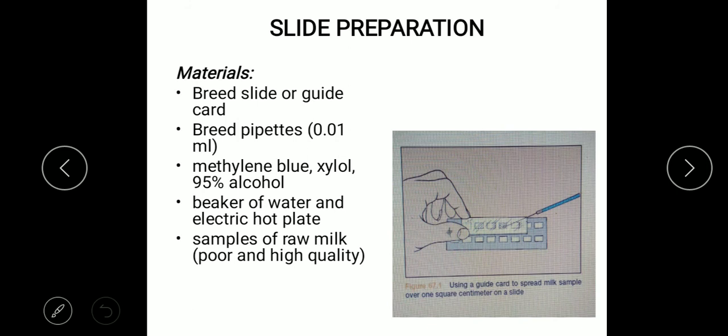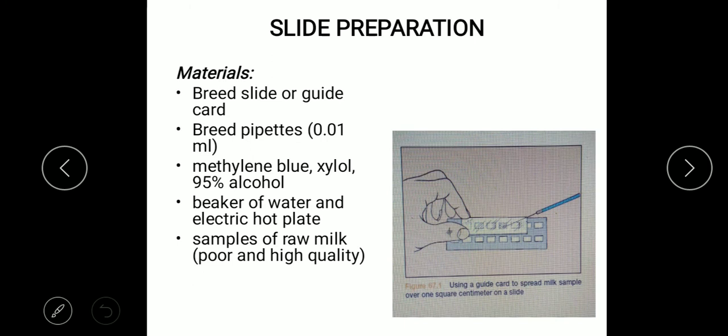The pipette may be filled by capillary action or by suction depending on the type of pipette. We should be sure to wipe off the outside tip of the pipette with tissue before touching the slide to avoid getting more than the required amount on the slide.